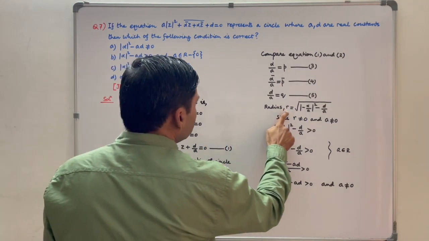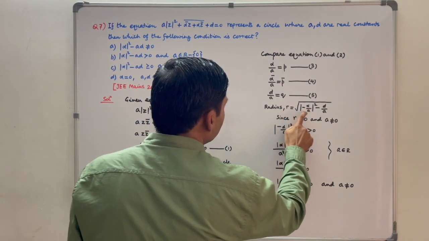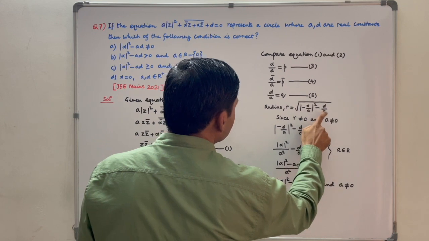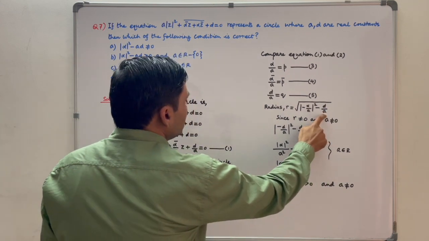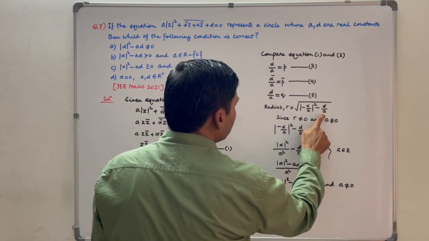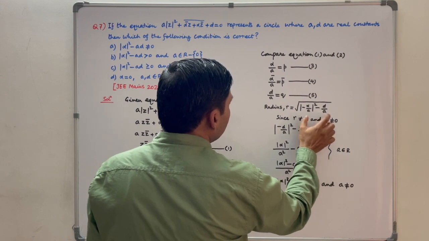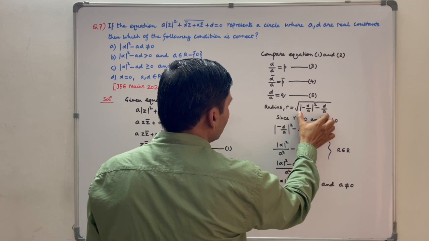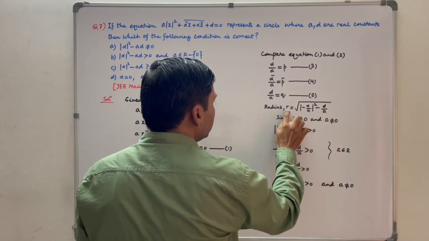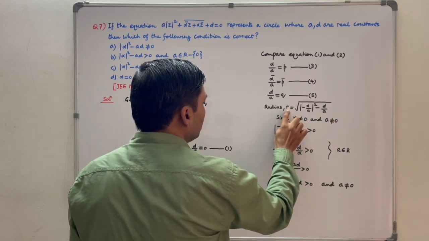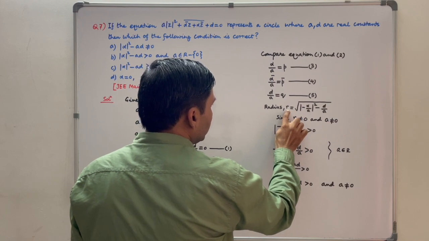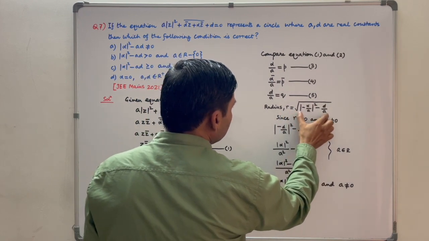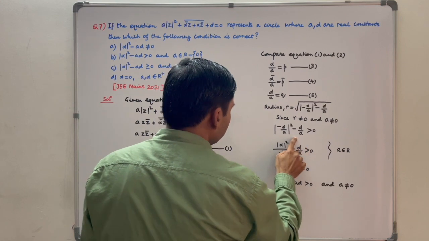So radius r is equal to the square root of |−α/A|² − d/A. First thing you will notice here is A cannot be equal to 0. And the expression inside the root also cannot be equal to 0, because in that case the radius will be 0, so the circle will be a point. So the inequality we write is that this part is greater than 0.